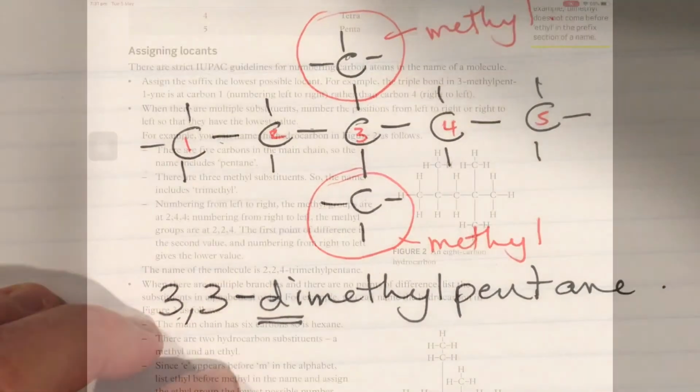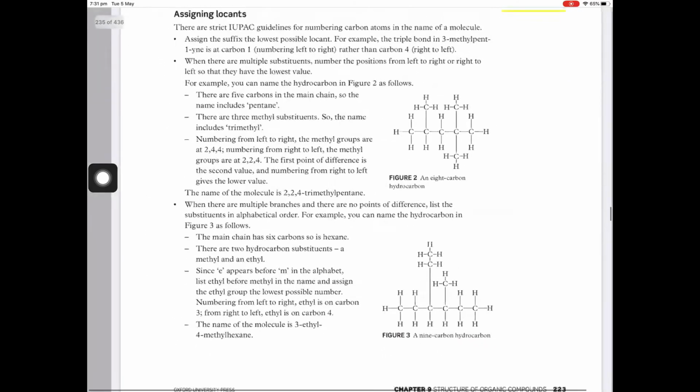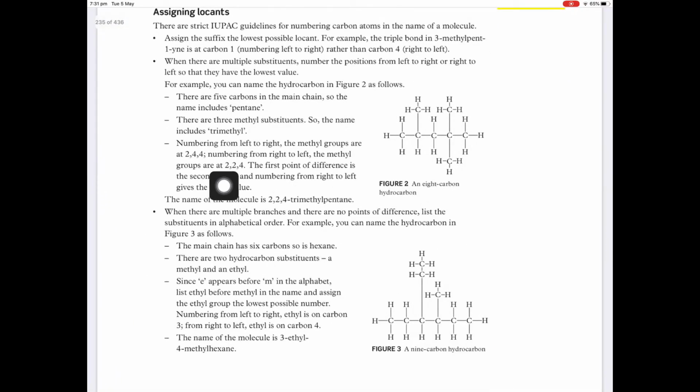So multipliers. The next section on page 222 is this assigning locants examples. They give you 2 more examples of naming 2 more hydrocarbons, this one here and this one here. This one being 2,2,4 trimethyl pentane, and they just list the reasons why here.